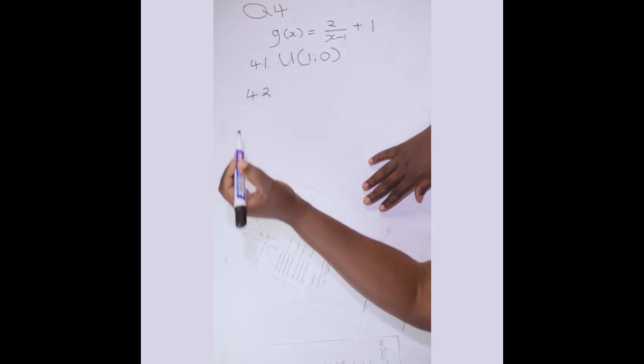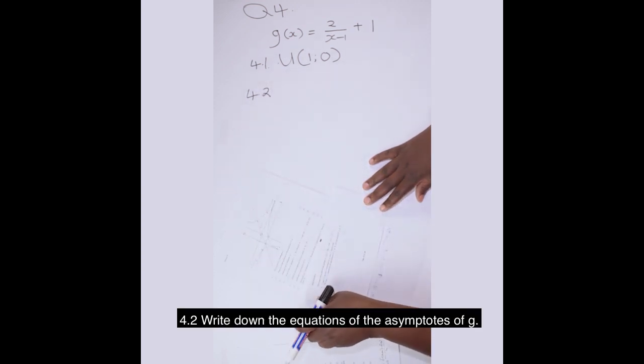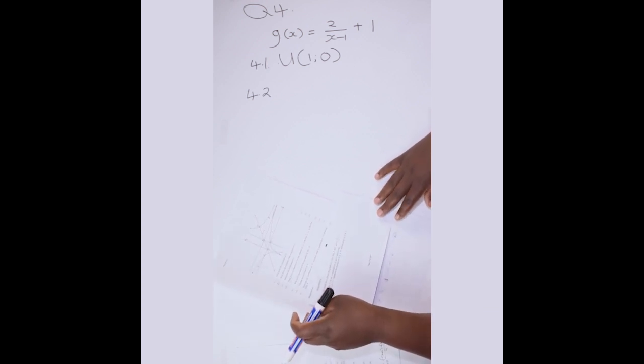When we go to 4.2, they say write down the equations of the asymptotes of g. So they are repeating something here if you look at it. Remember, for you to realize u, you were looking at the asymptote of g. Now they are saying to you, write down the equation.